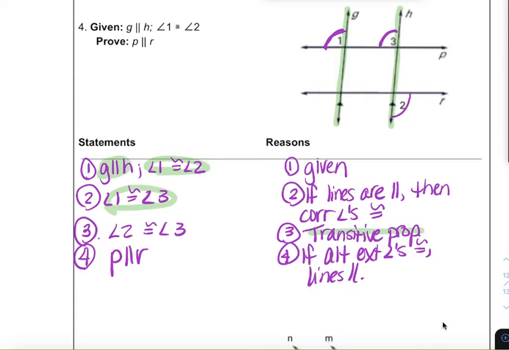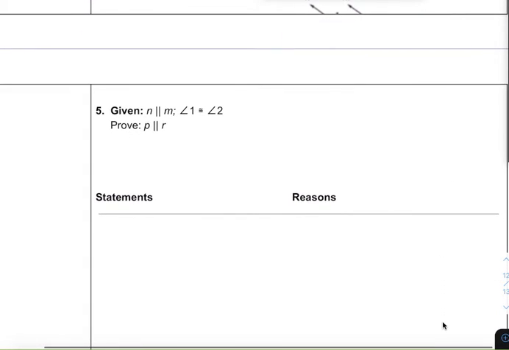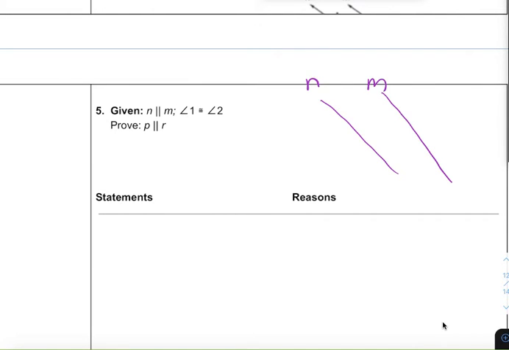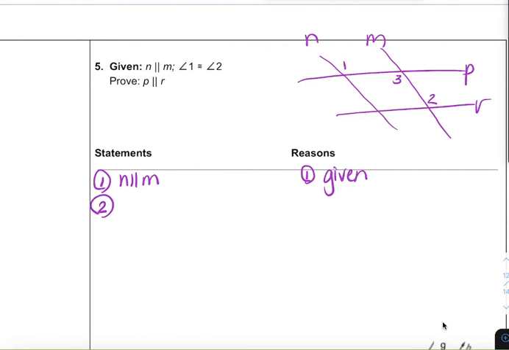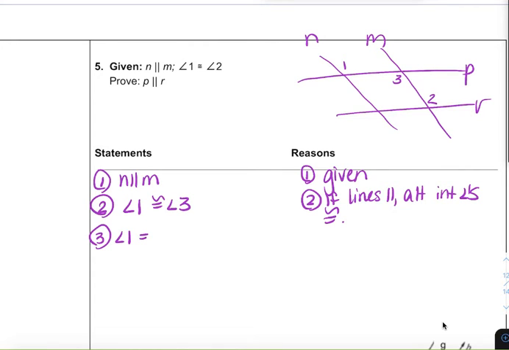I want you to write it and see if you can do it on your own. And yours is going to look different than mine, but don't panic.